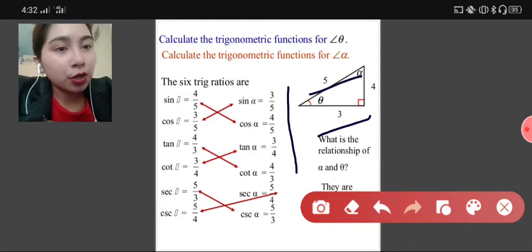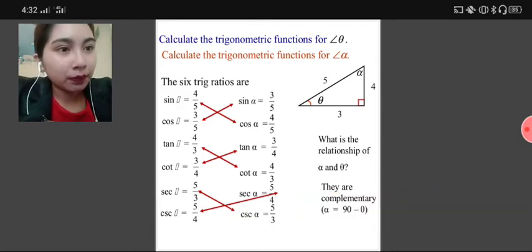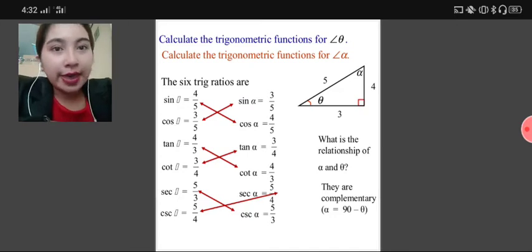Same lang, follow nyo lang yung SOHCAHTOA na formula. What is the relationship of A and theta? They are complementary. A is equals to 90 minus theta.